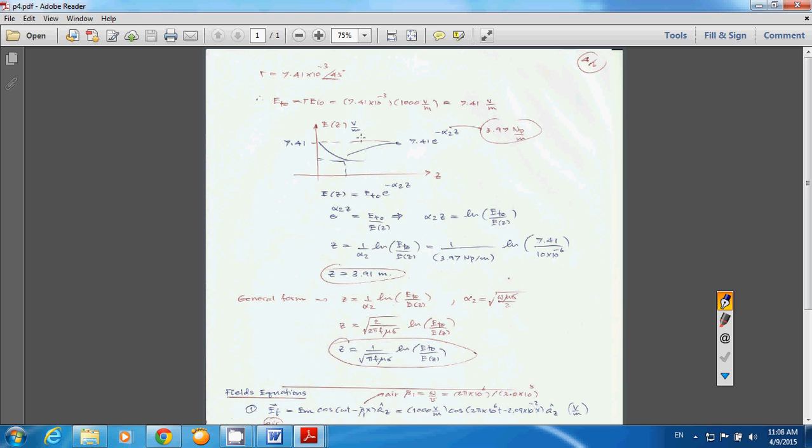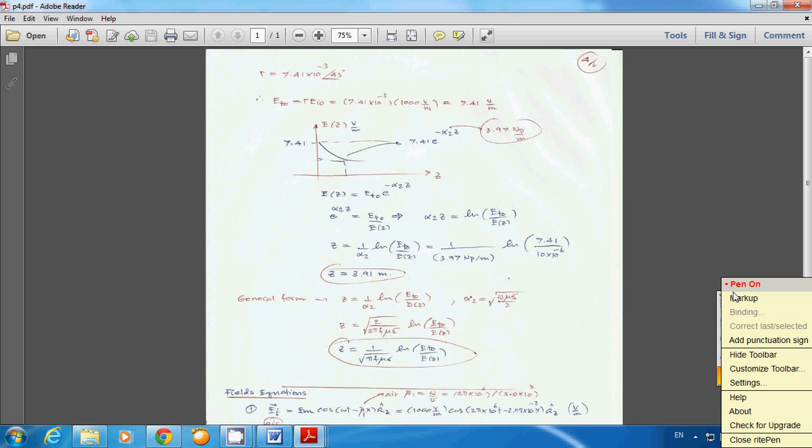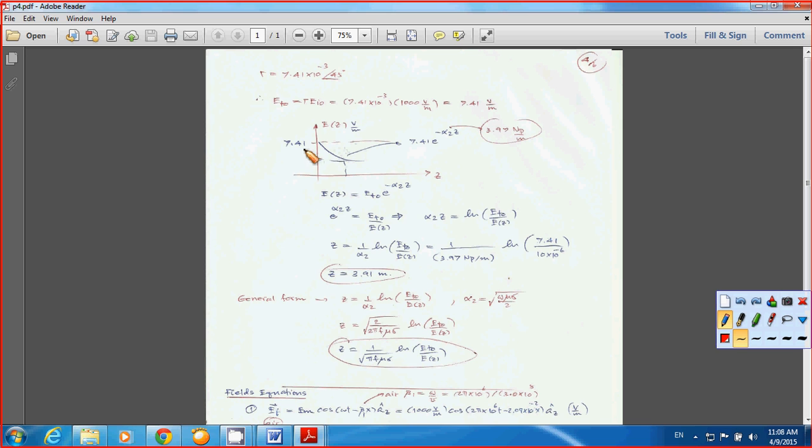Okay, so you have E_t0 become 7.41 volt per meter, and if you see the plot, it starts from 7.41, and you want to find the depth of the submarine at which it is able to get the minimum electric field of 10 microvolt per meter.